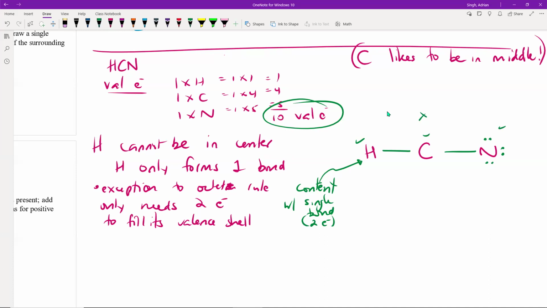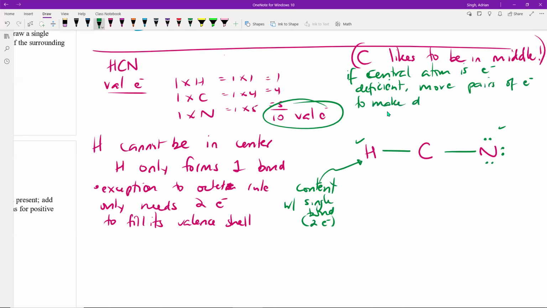So when you run into a situation where the central atom is electron deficient, after you've accounted for all the electrons, then what we can do is move pairs of electrons to make double or triple bonds if we need to.